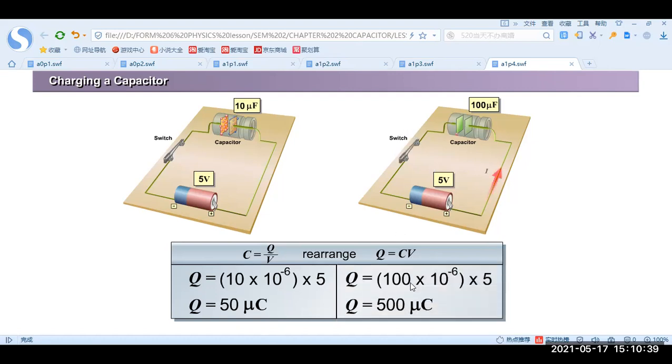And next, it will be 500 according to the formula Q equals CV. So the higher the capacitance of a capacitor, the more charge can be stored. This one is just 50 microcoulomb, but the second one with 100 microfarad, the amount of charge stored is 500 microcoulomb.